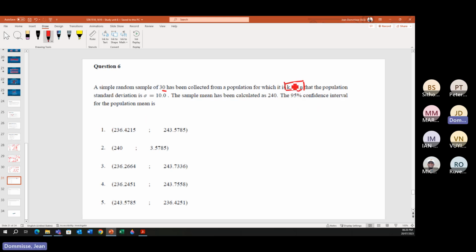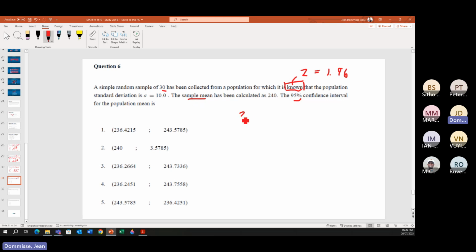So known, work with a Z. Then even before I do anything else, I want to look for what is the confidence interval. Again, I see it is 95. So I work with a Z that is 1.96.